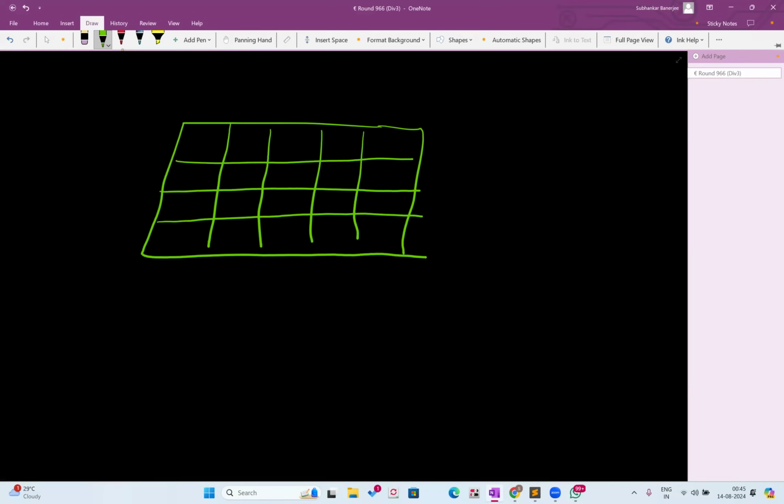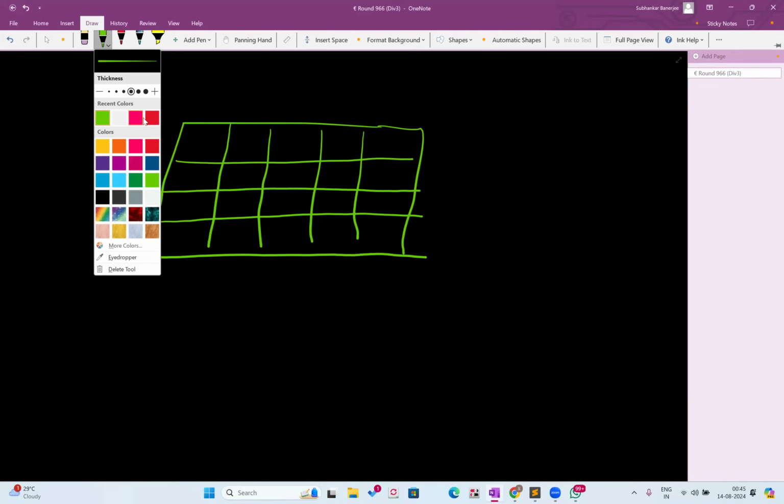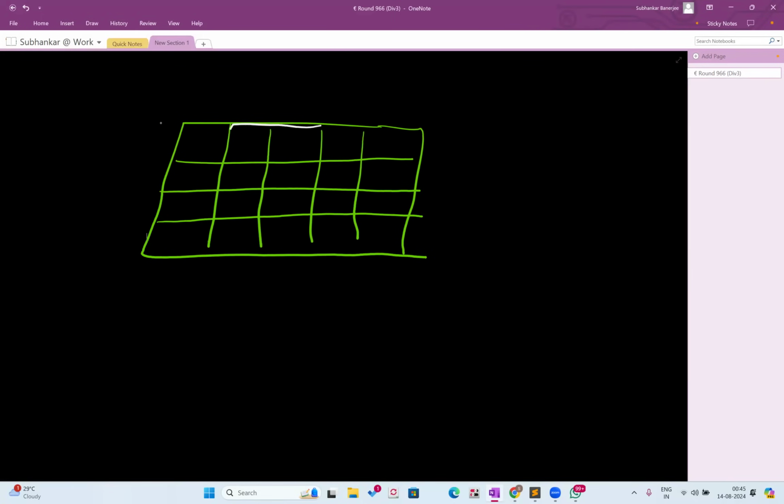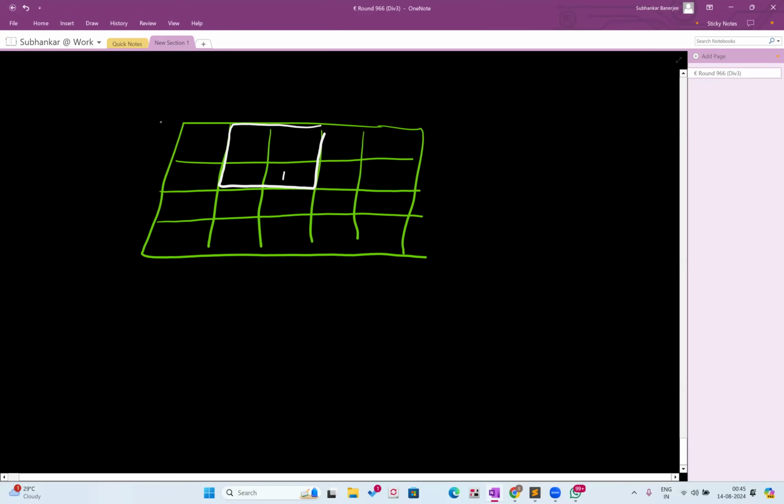Suppose this is the grid and we are checking for this particular subsquare. This is, I think, 1 comma 1 to 1 comma 2. I'm checking for this.